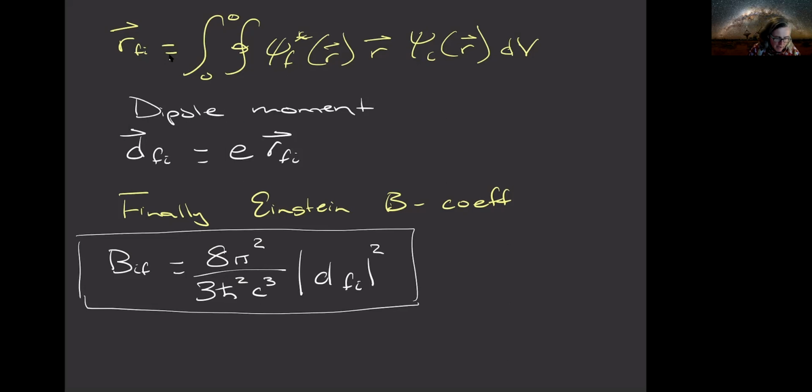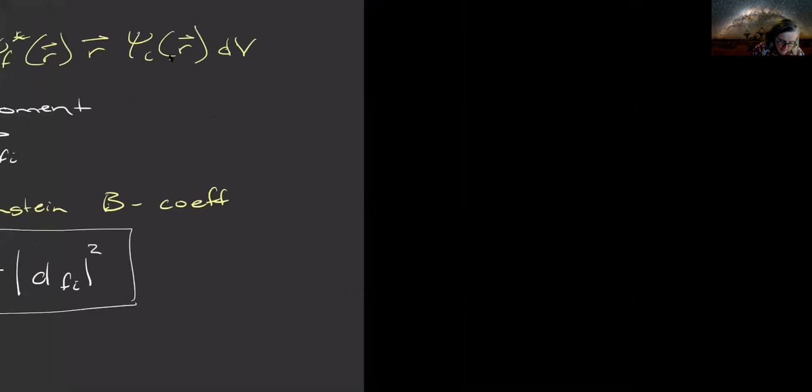So once we have the Einstein B coefficients, it's often helpful to write this in terms of oscillator strengths. An oscillator strength, and that's probably a term that you've come across before.